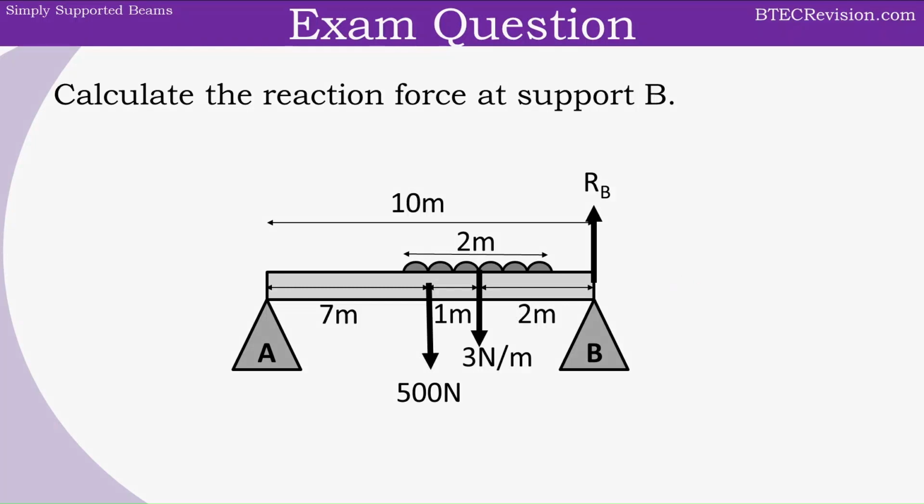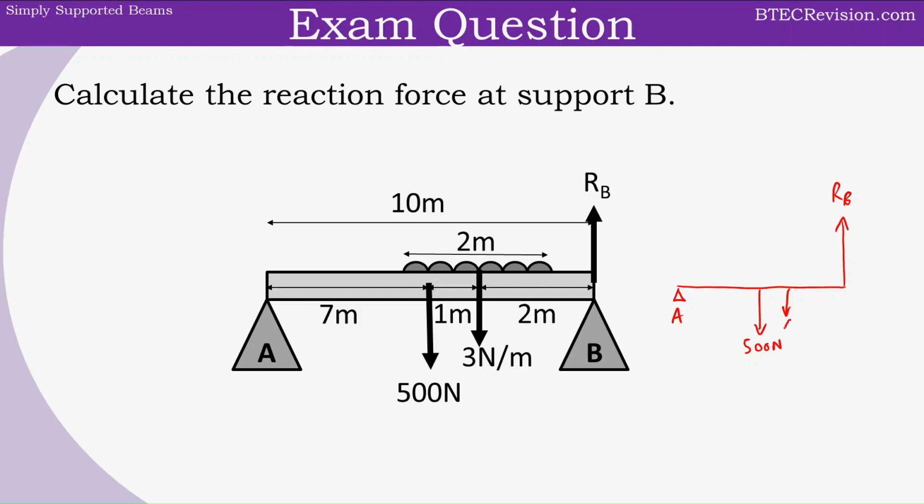Now, just like before, we are going to draw a free body diagram, and the pivot is going to be here at A. We have the reaction force, RB. We have the weight pulling this down, 500 newtons. And we have our UDL, so that's 3 newtons per meter, which has a length of 2 meters.